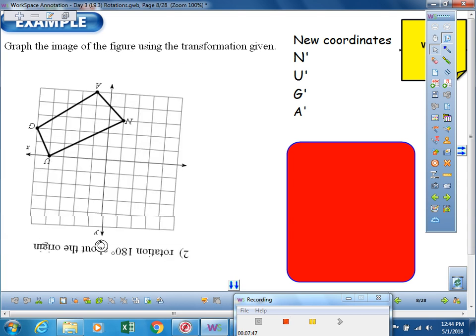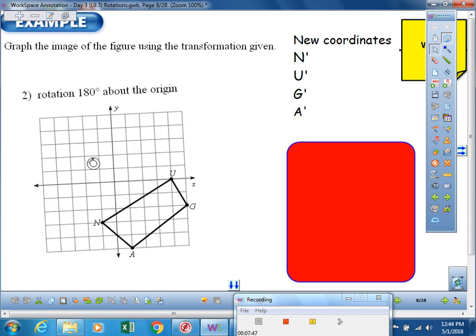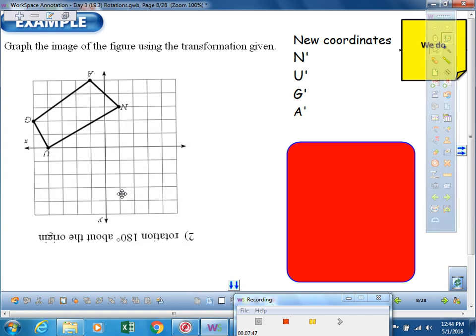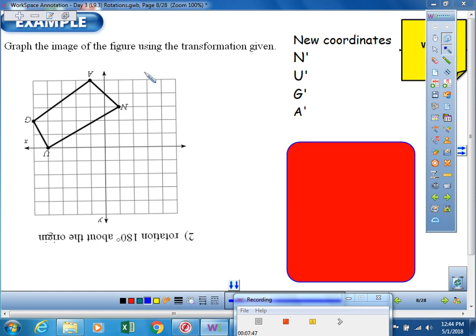So it doesn't matter if you go clockwise or counterclockwise. Upside down is upside down. And then we're going to write all the ordered pairs. So A prime would be what? -1, 5. And then I'll go here. N prime, +1, 3.